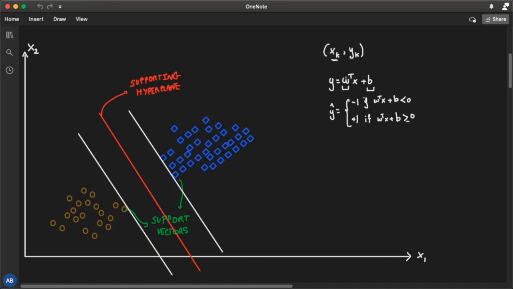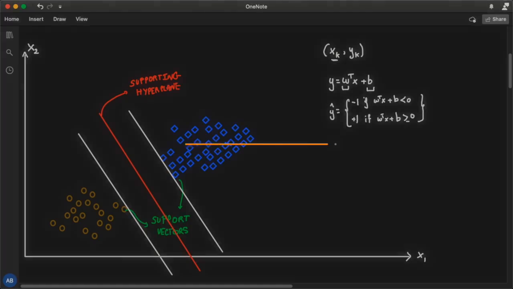So as you can see over here, our aim is to find w and b with the following constraints. Those two equations could be seen as constraints.